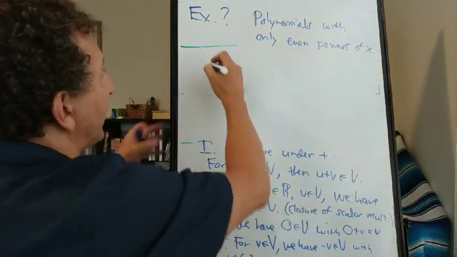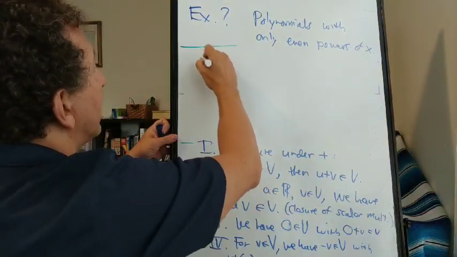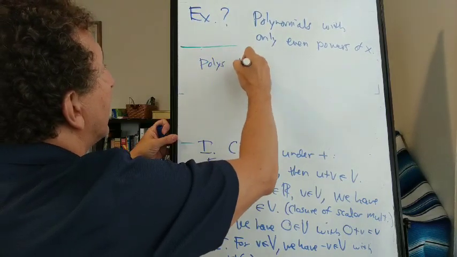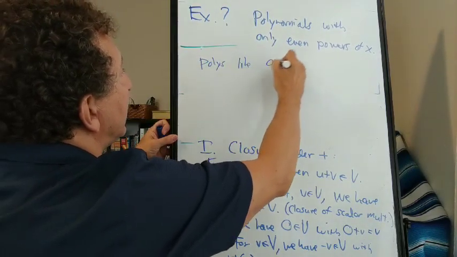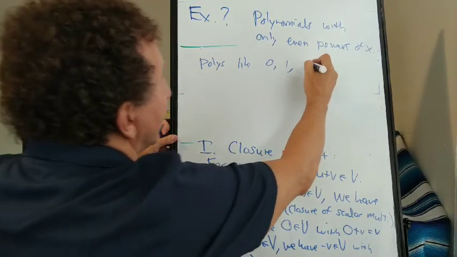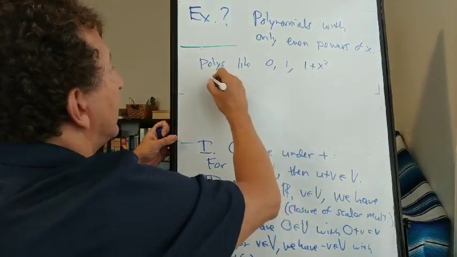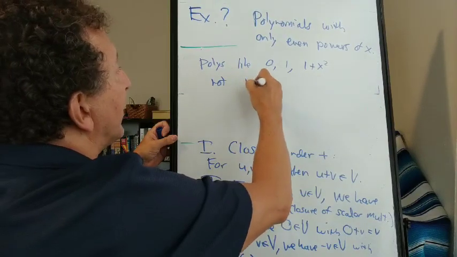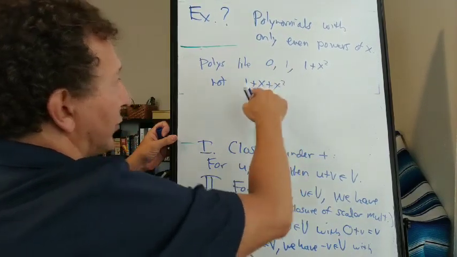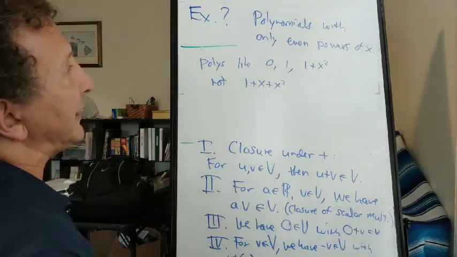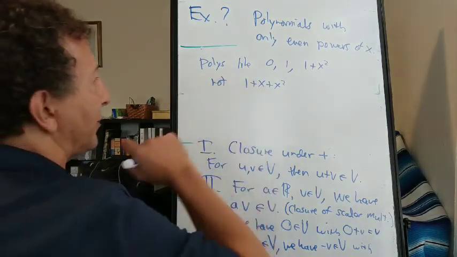So that includes constant terms. It'll include 0, 1, any constant, 1 plus x squared, not things like 1 plus x, because we're going to disallow odd powers.